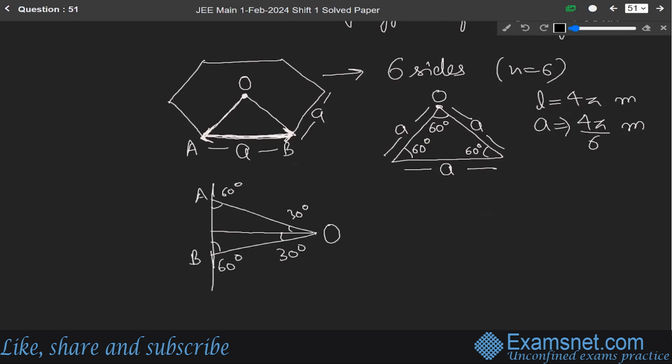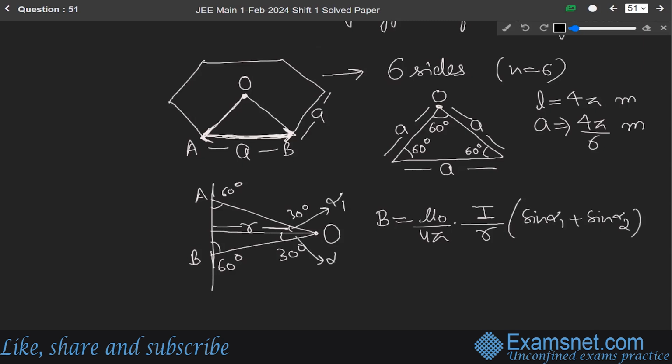Now the magnetic field at point O due to this single side AB will be mu naught over 4 pi into current I over R, where R is this distance, into sine alpha 1 plus sine alpha 2. Let us say this is angle alpha 1 and this is angle alpha 2.